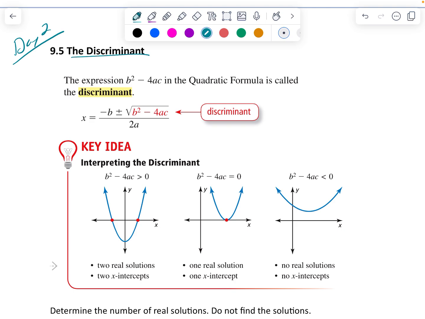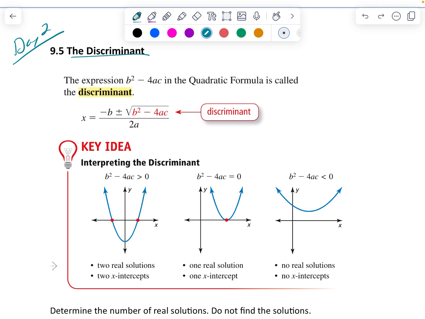In the quadratic formula, the way we get two answers is by this plus or minus, right? One answer is the plus and the other answer is the minus. And so what's inside that square root really matters.